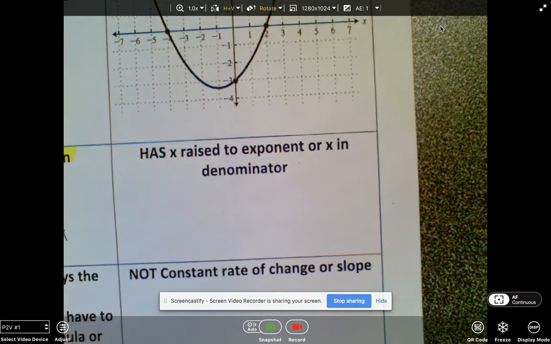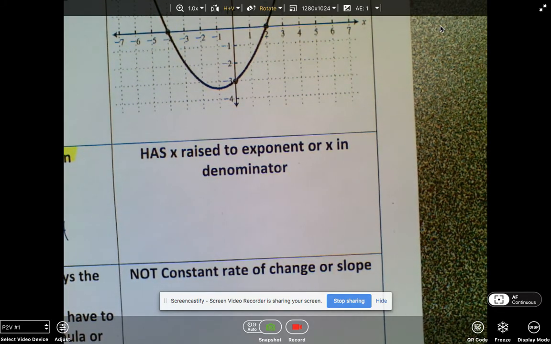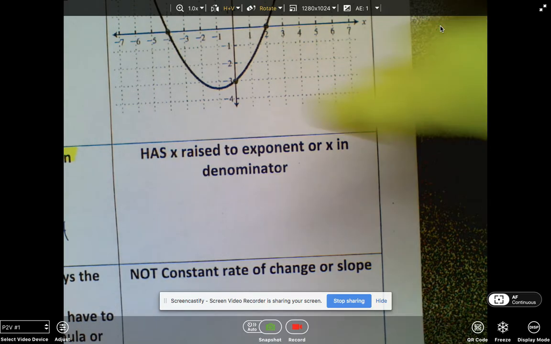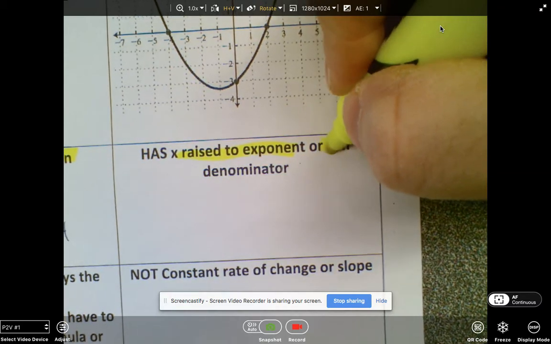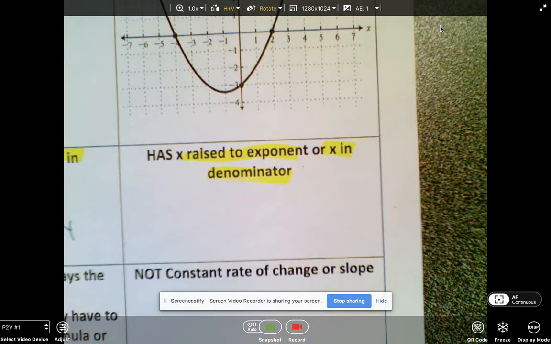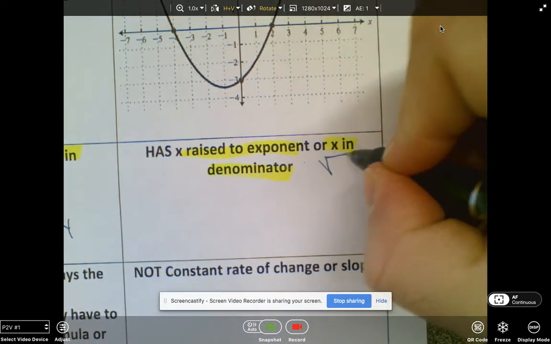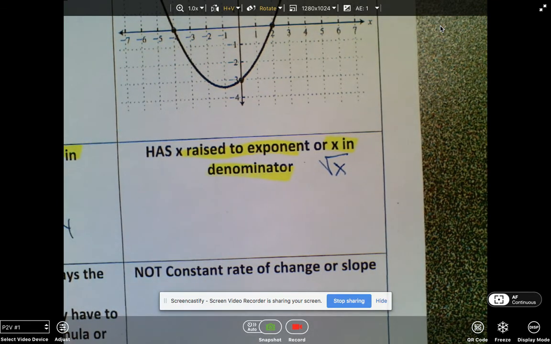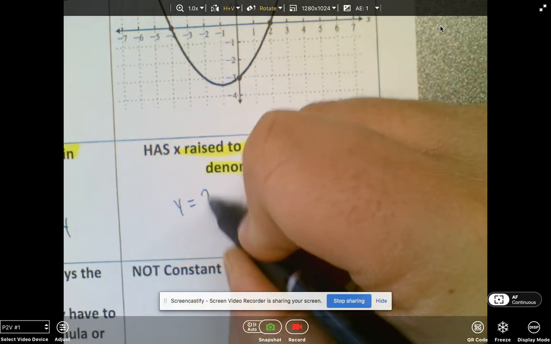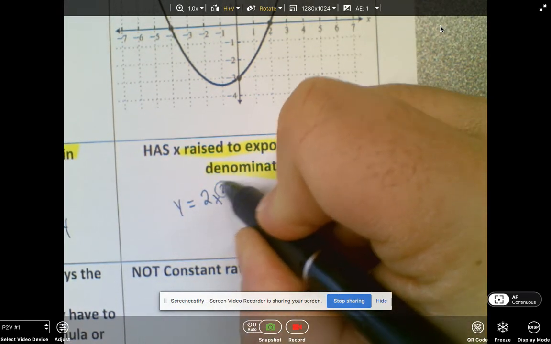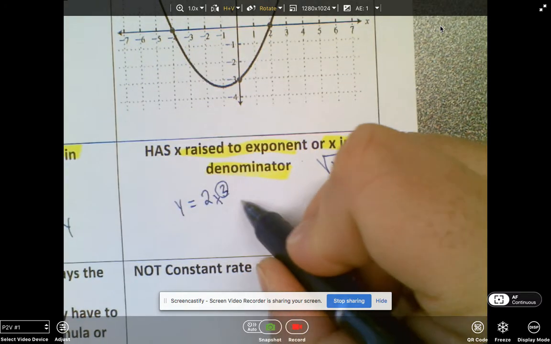So here's an easy way to spot equations that are not linear. Equations that are not linear will have the x raised to an exponent or an x in the denominator, or every once in a while you would see the square root of x. So let's write down some that are not linear. You could have y equals 2x to the second power plus 5. That little squared makes it not linear.